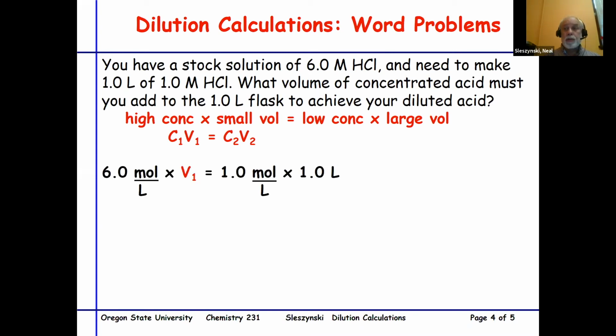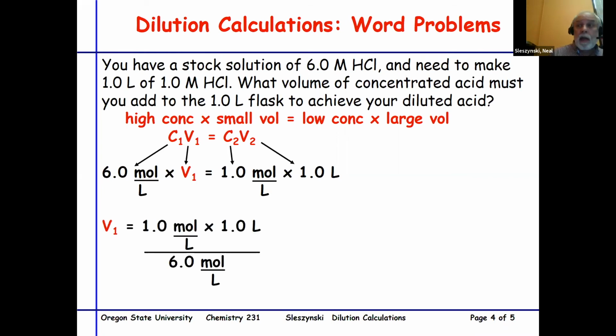In this case, when we substitute in the information from the word problem, C1, our high concentration, is 6 moles per liter. V1, the small volume, is what we're being asked to find. C2 is the low concentration, 1 mole per liter. V2 is the large volume, which is the 1 liter flask.